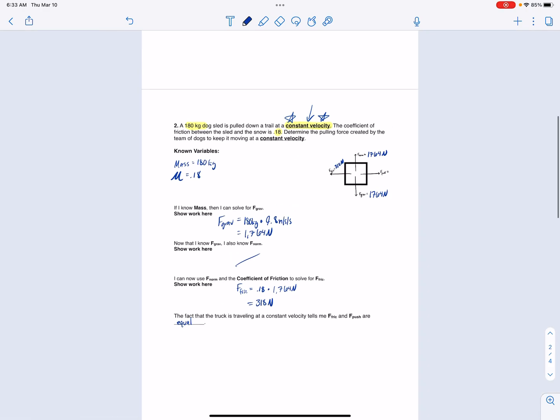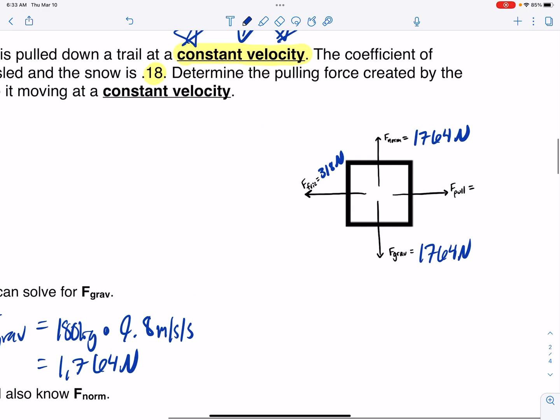So that's how we know all of these forces must balance out. The force of friction is 318 newtons, so the dogs must be pulling it with exactly 318 newtons of force. It's all balanced, and in this case, you could say the net force on this thing is 0. They all cancel each other out.